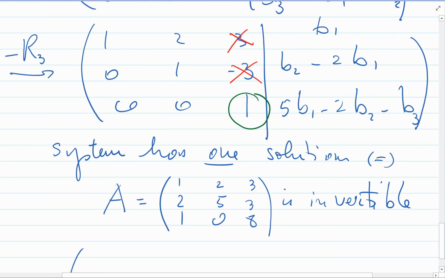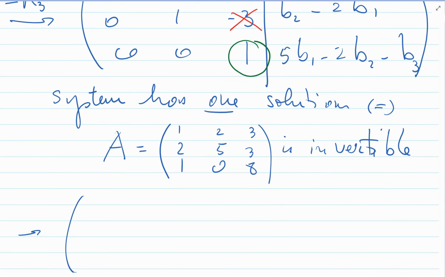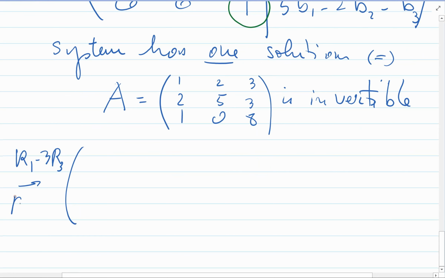So for this we do R1 minus 3R3 for the top, because it's a plus 3, and then R2 plus 3R3 for the second row.